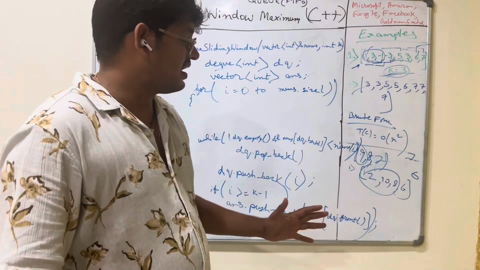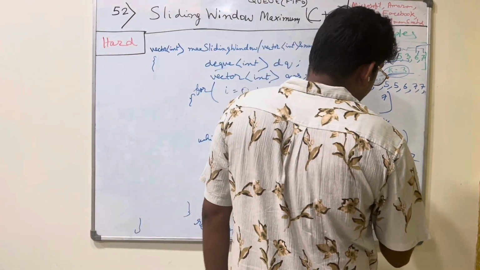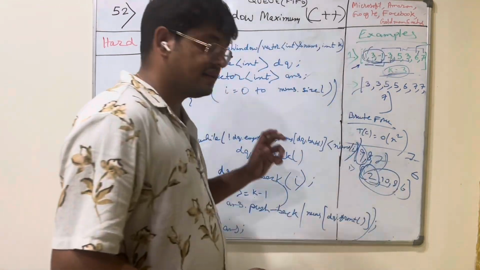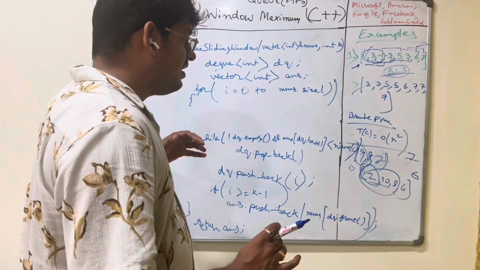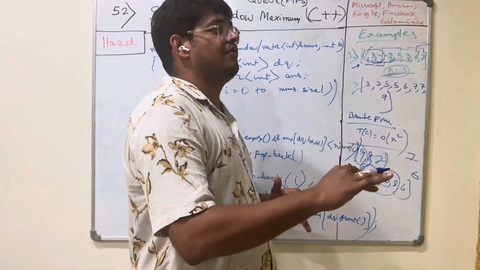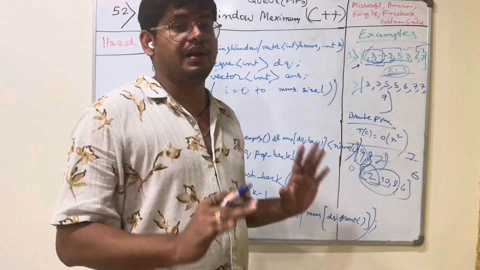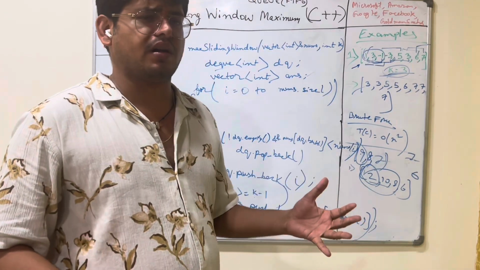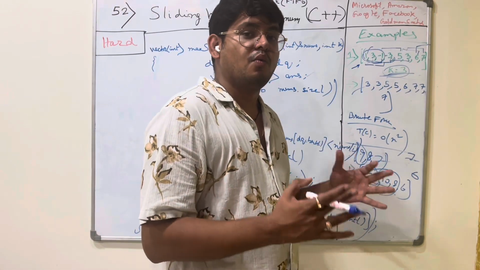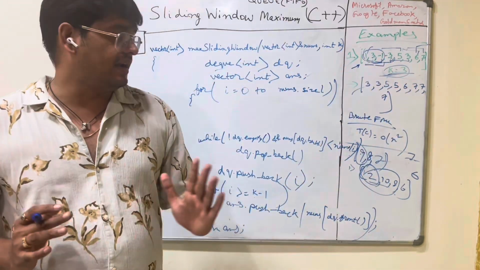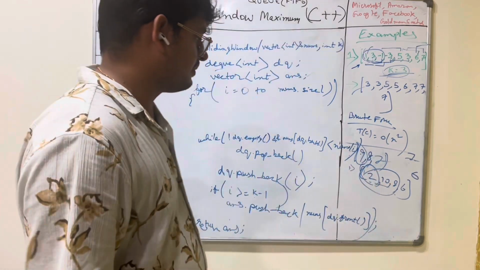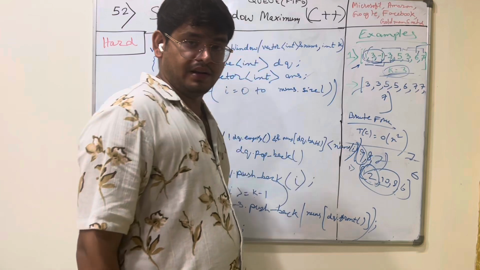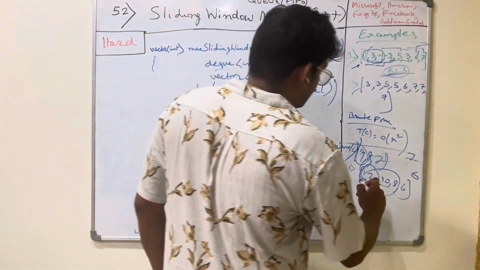How will we check that the size has exceeded and we need to remove the element that is at the beginning? When the elements are coming in decreasing order, we are pushing them to the Q, we are not popping them out. We are popping them out when the elements are in the other order, because we don't need them. We need the front elements to be the bigger ones. So when this happens, at that point of time we need to pop from the front. We don't need this, it has crossed the limit.